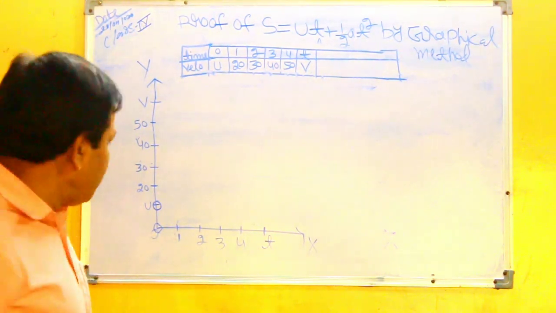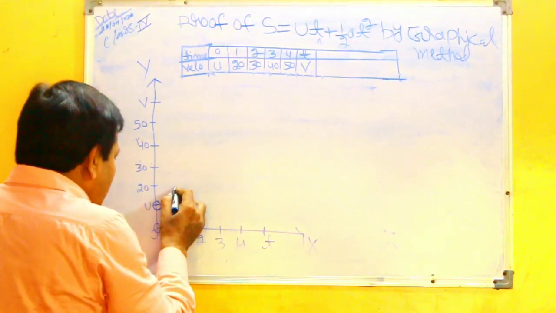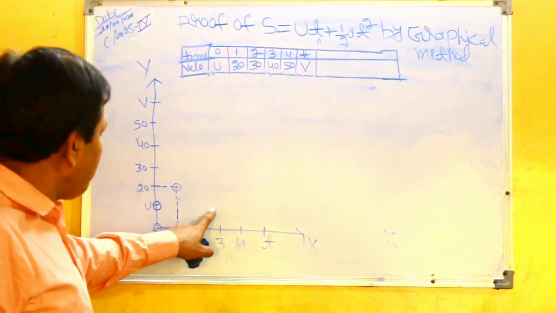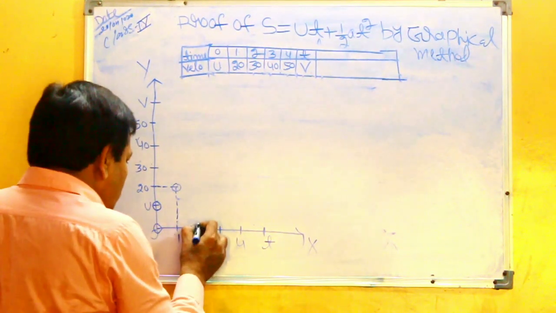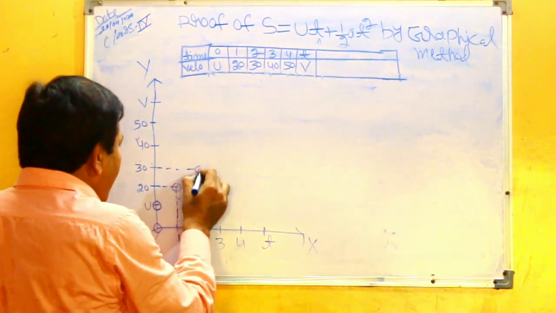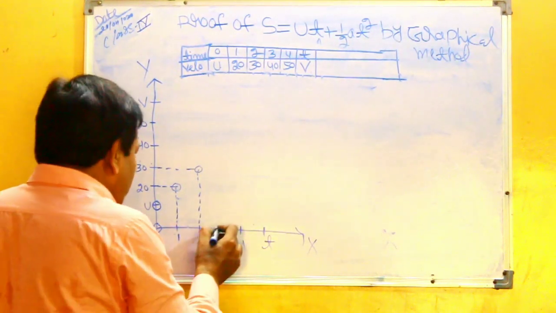And when time is 1 second, velocity is 20 meter per second, so this point will be here. And when the time is 2 seconds, the velocity is 30 meter per second, so this point will be here. And when time is 3 seconds, velocity is 40 meter per second.